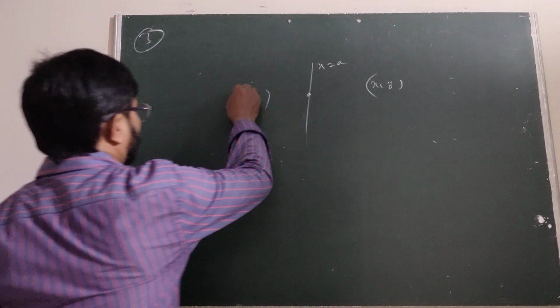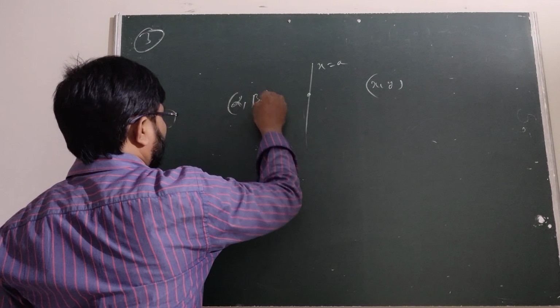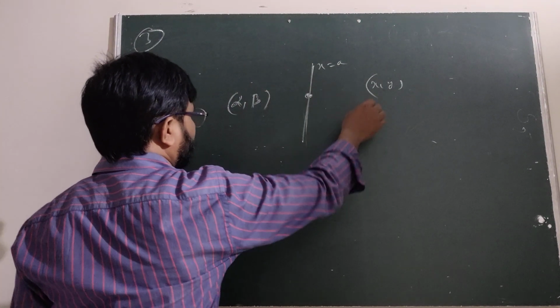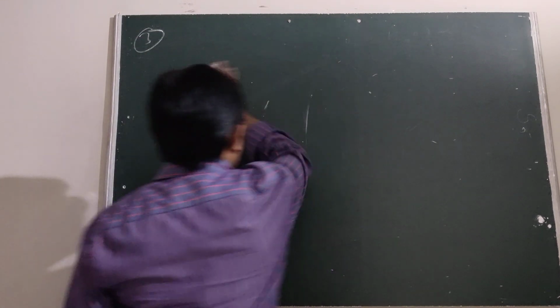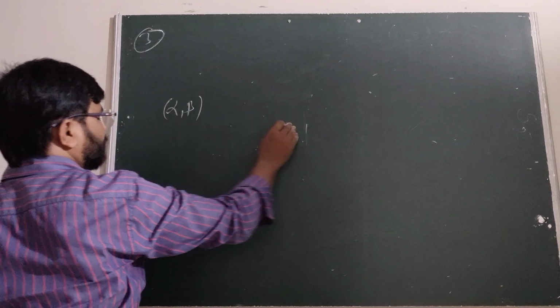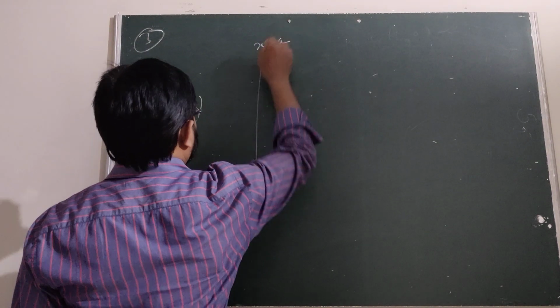Now, the image of (alpha, beta) with respect to the line x equal to a.